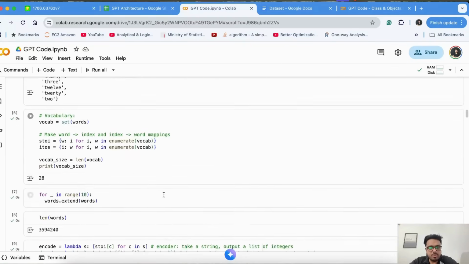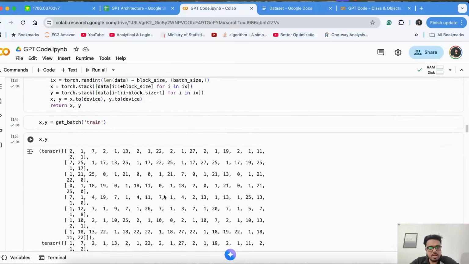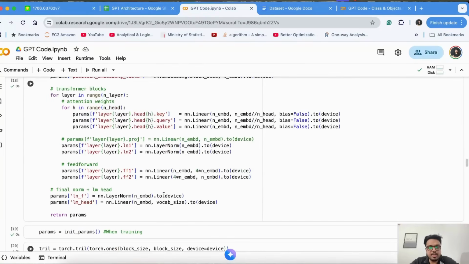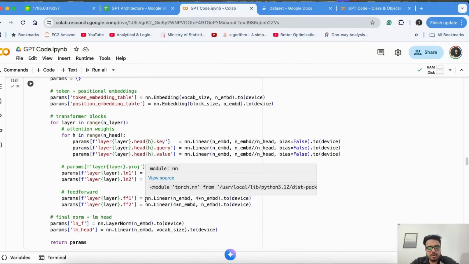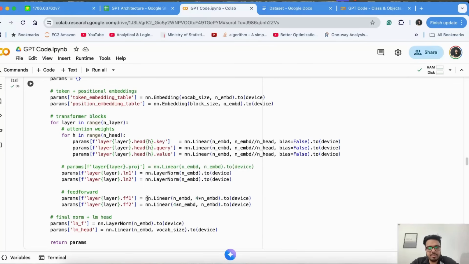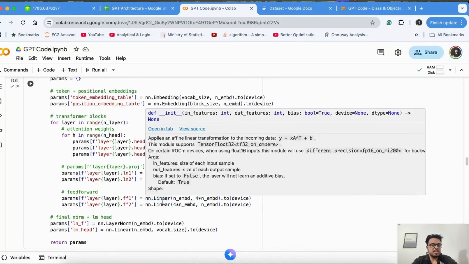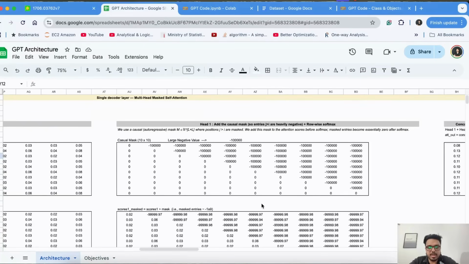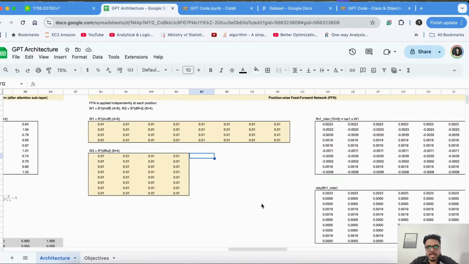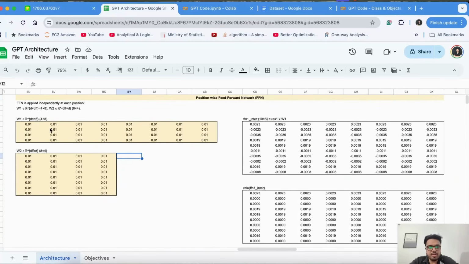Just another thing that I wanted to mention. Let's take the example of the feedforward network. Whenever we use PyTorch and initialize a weight matrix, it not only initializes the weight matrix that we have discussed on the GPT architecture on Google Sheets. If I take the example of the feedforward network, we are just assuming that this is the matrix that gets initialized.